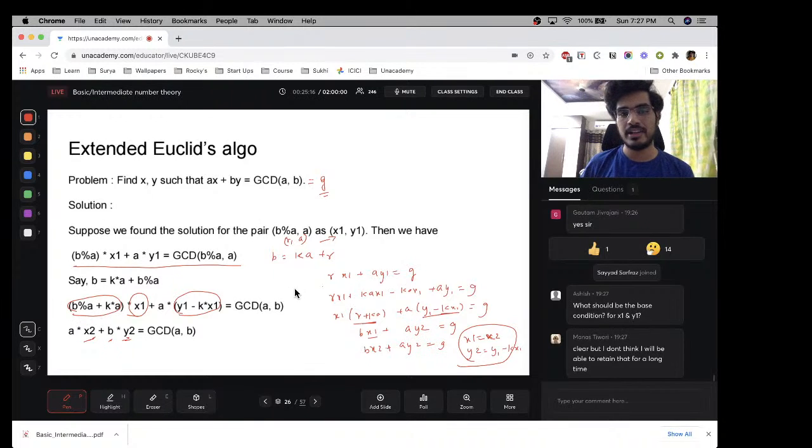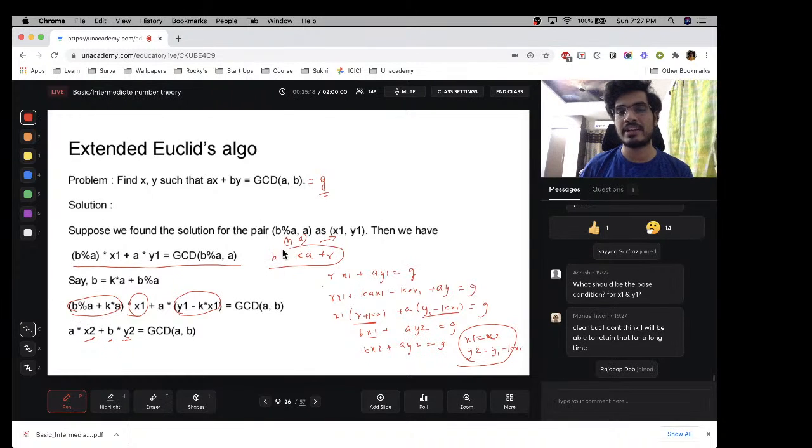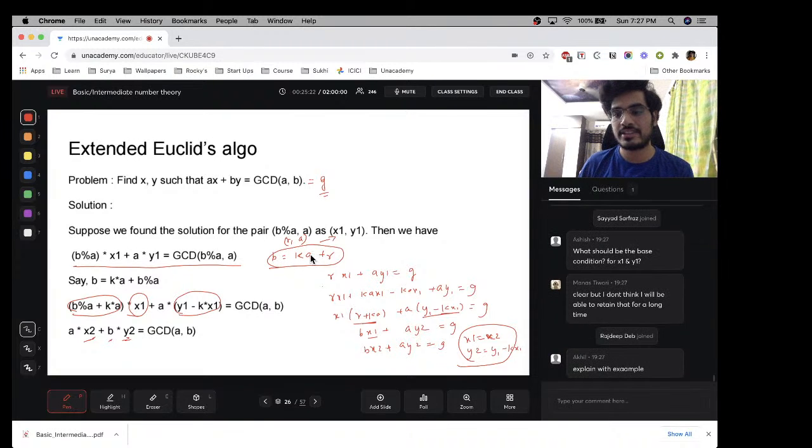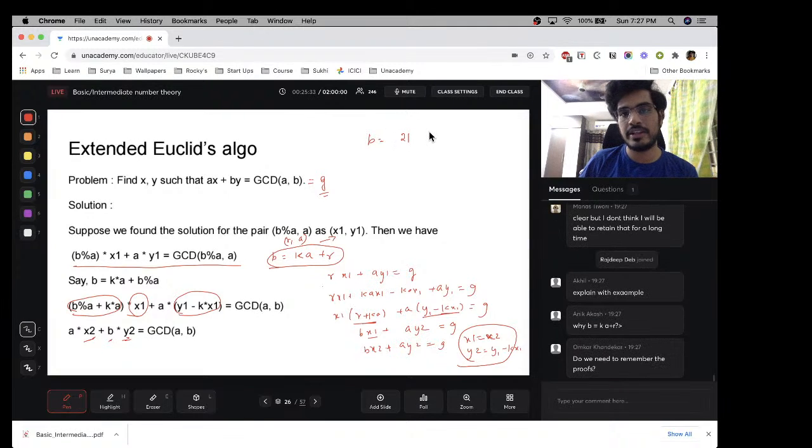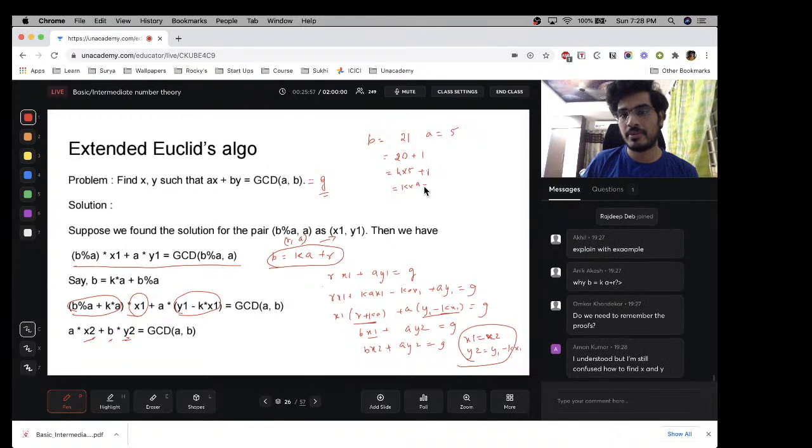It's very simple. We can write b as k into a plus r. Let's say b equals 21 and a equals 5. Then we can write 21 as 20 plus 1, that equals 4 into 5 plus 1, that is k into a plus r.